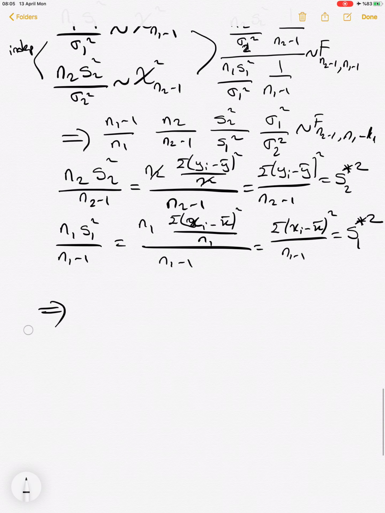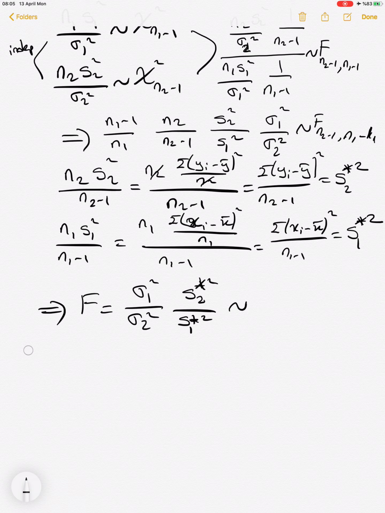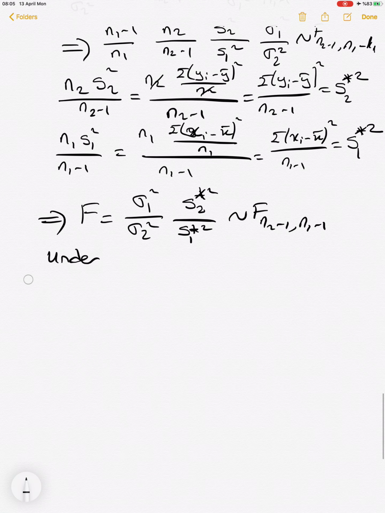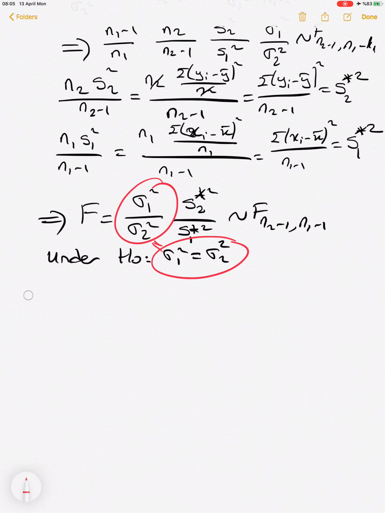Now our F actually becomes sigma 1 square over sigma 2 square, times S2 star square over S1 star square, and we know that this is F distributed. Under H0, where sigma 1 square equals sigma 2 square, this quantity will be 1, right?